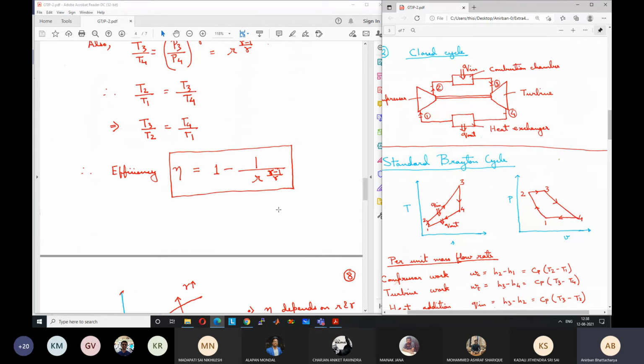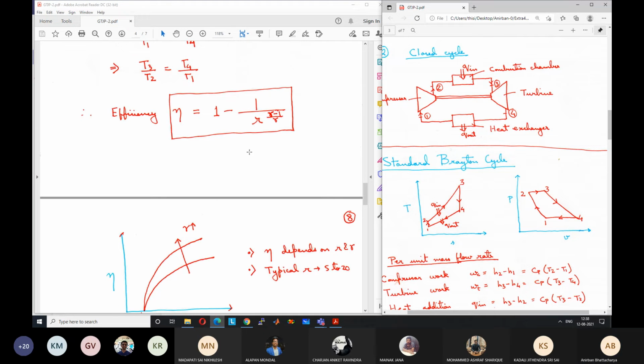So the efficiency for a given gas, for air, obviously gamma is fixed. So the efficiency will depend on the compressor pressure ratio. If there is no compression, R is 1 and the efficiency is 0. If you keep on increasing the value of R, you will see that ideally the efficiency keeps on increasing.